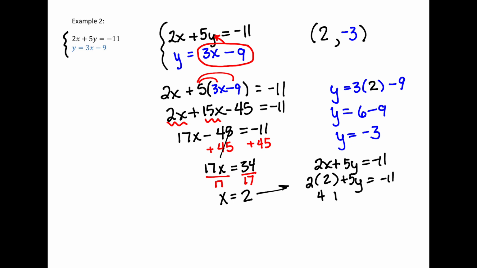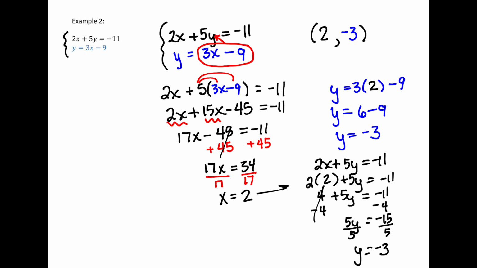So 4 add 5y equals negative 11. So you can see how the blue one's easier, right? Because it's already solved for y. But if you keep going, you will get the same answer if you do your math right. So y is negative 3. Okay?